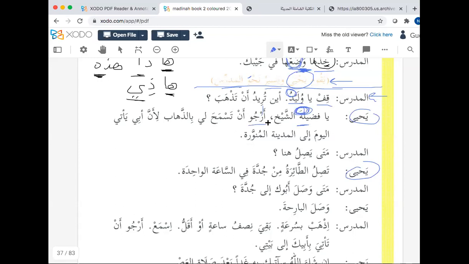Yes, ahsanta, barakallahu feek. أرجو means I hope, or it's like saying please. And تسمح لي, for you to permit me. We had all these words before. بالذهاب, ba is harf al-jar. الذهاب is the masdar from ذهب يذهب ذهابا.